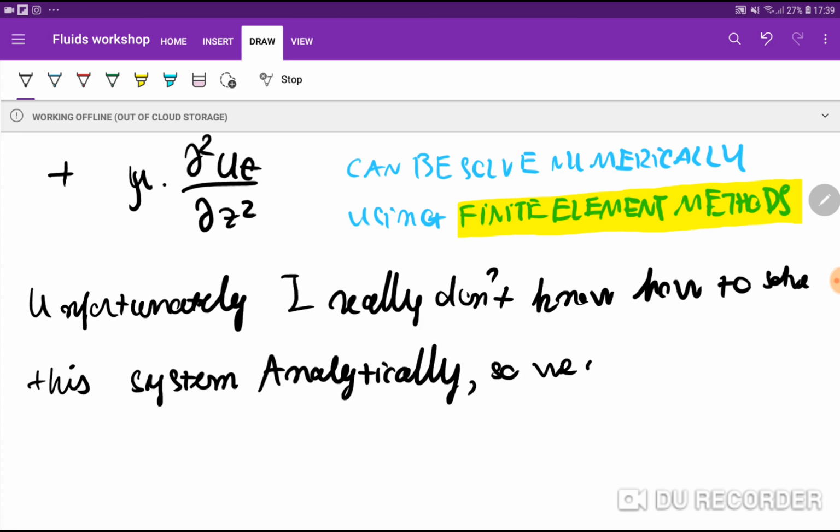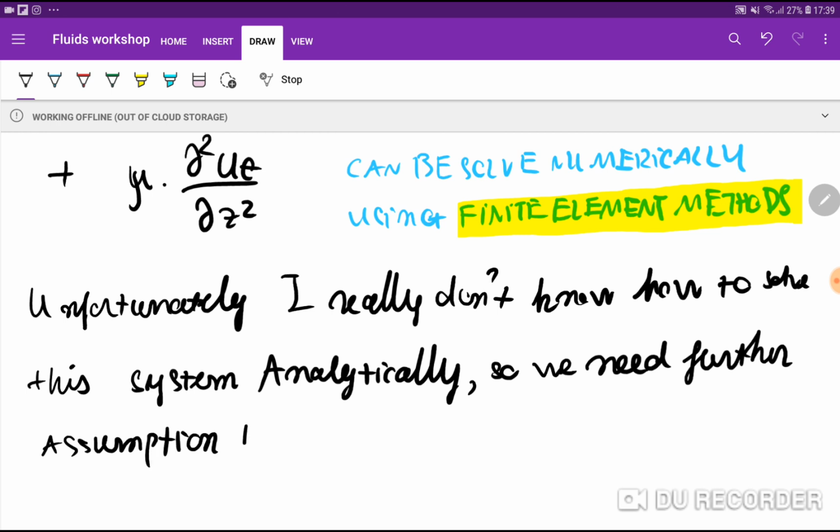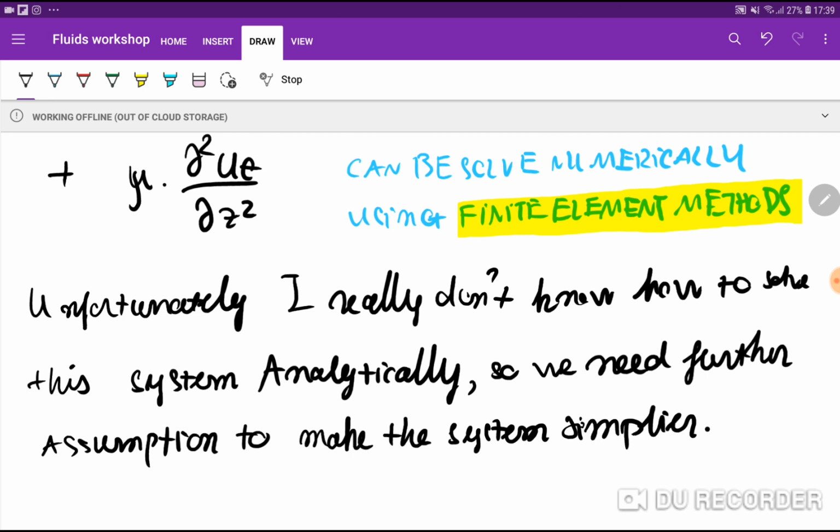So we need further assumptions to make the system simpler. Okay, so what assumptions will we make?